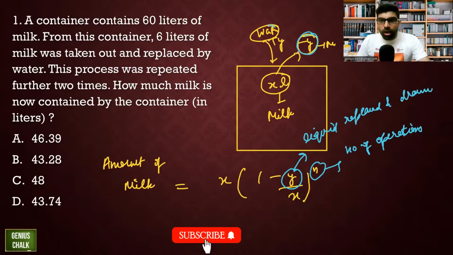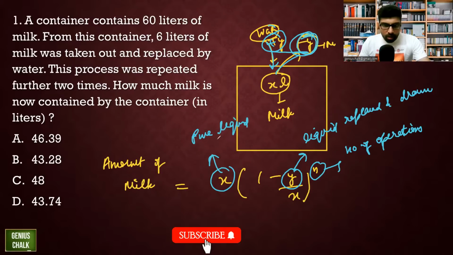If you are drawing Y liter of milk, then you have to give Y liter of water, which is the same in quantity, right? And X is the pure liquid quantity, right? And this is quantity of milk left. So this is the scenario. This is the formula which you can use for all these type of questions.